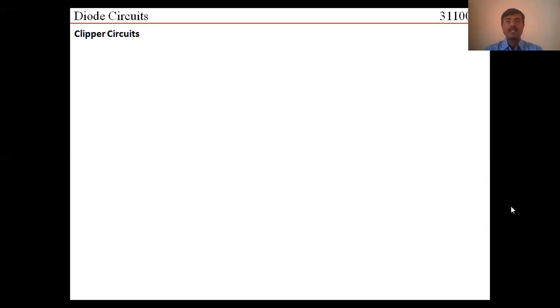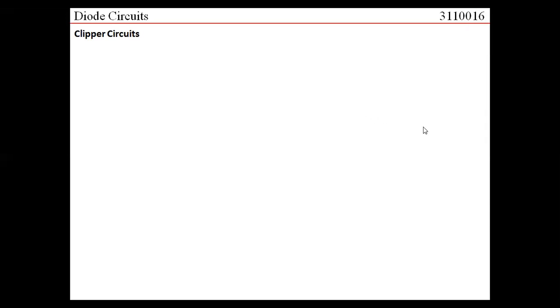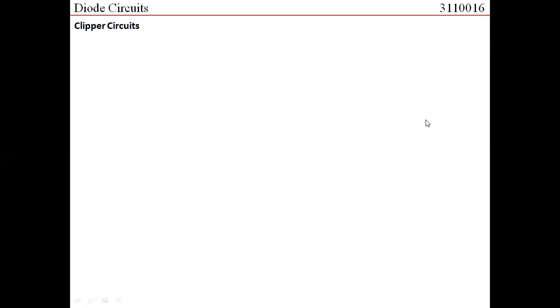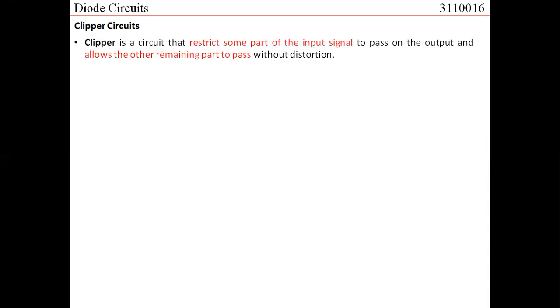Let us try to understand what basically a clipper circuit is. If we go to the definition of a clipper circuit, then clipper circuits are those circuits that restrict some part of the input signal to pass to the output and allow the remaining part to pass without distortion.